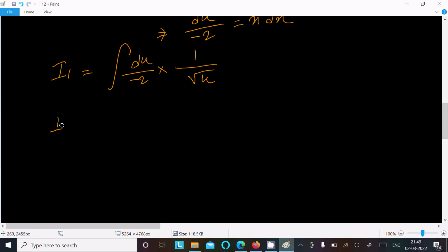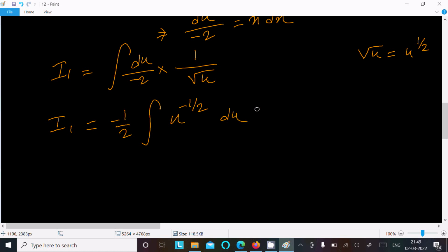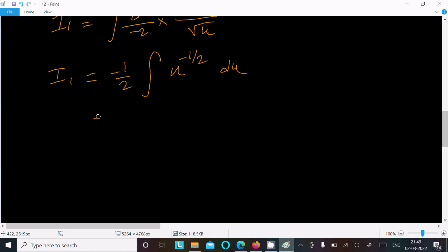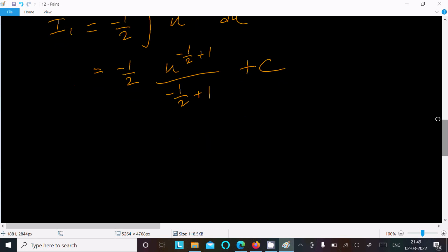Now after that, I1 we can write as minus 1 by 2, and this root u we can write as u power 1 by 2, and in the denominator it becomes u power minus 1 by 2, and here du. Now we can write minus 1 by 2 and the integration of u power minus 1 by 2, so this is u power minus 1 by 2 plus 1 divided by minus 1 by 2 plus 1, and if you want you can write the c.